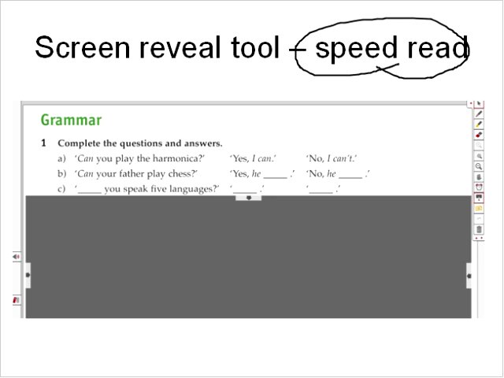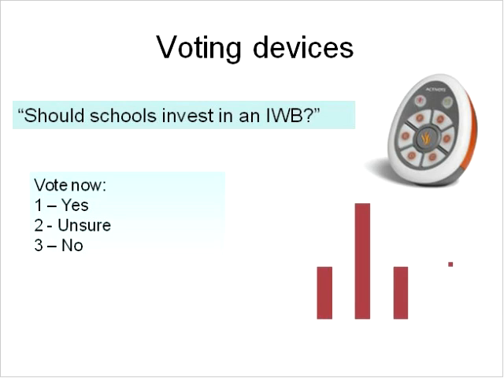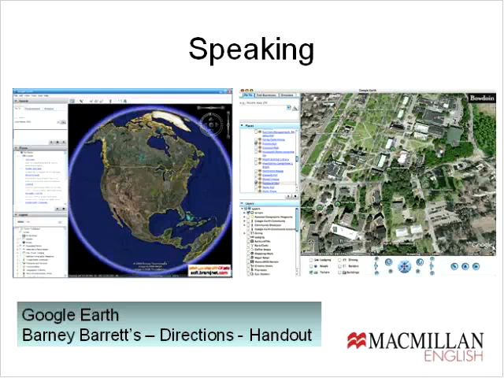So you could cover some text, sorry this is a grammar exercise, but obviously it can be a text, and uncover it so that students can skim it and then cover it after a certain amount of time. And usually the students won't have read the whole text in the time that you allow them. And so it's constantly showing them the difference between skimming and then reading for detail, or reading slowly for content processing.